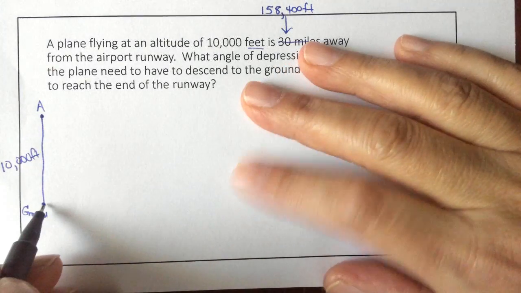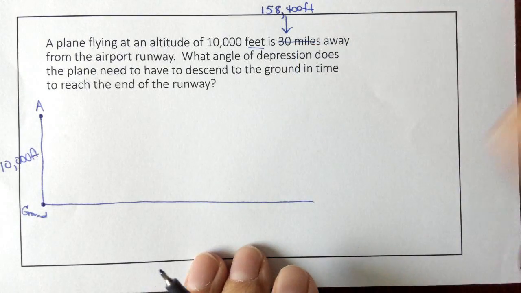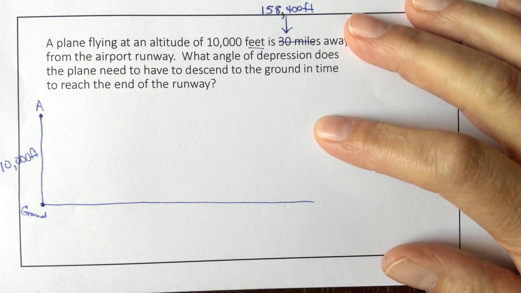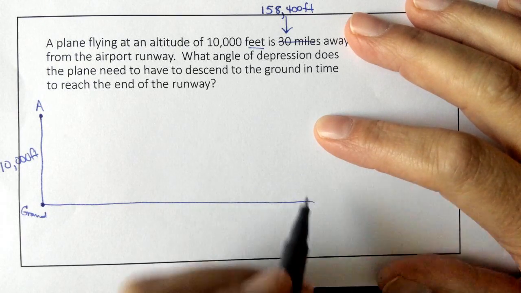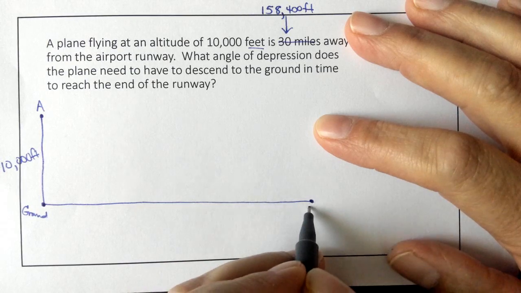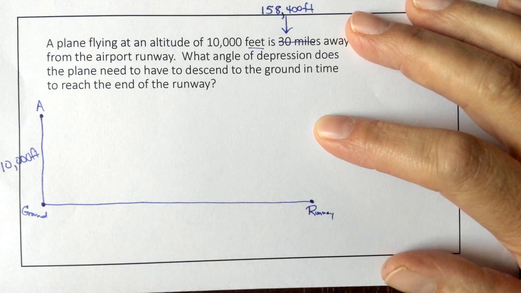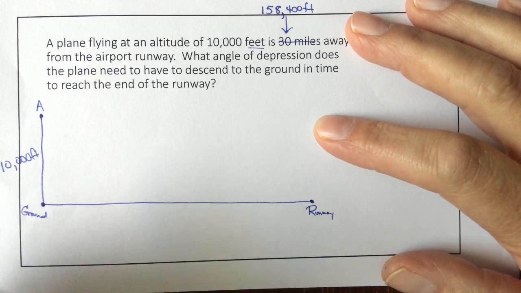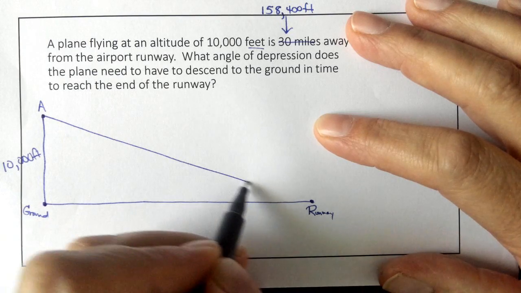And then we have the ground. We know it's humpy and bumpy and has hills and valleys, but this is geometry world where we just ignore those humps and bumps. And way over here is the airport runway. R is for runway.